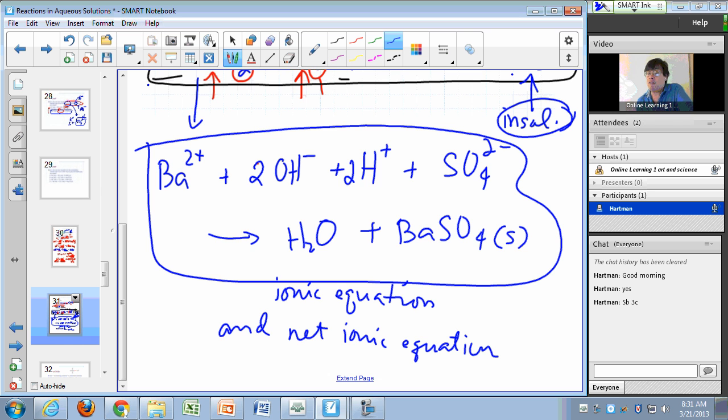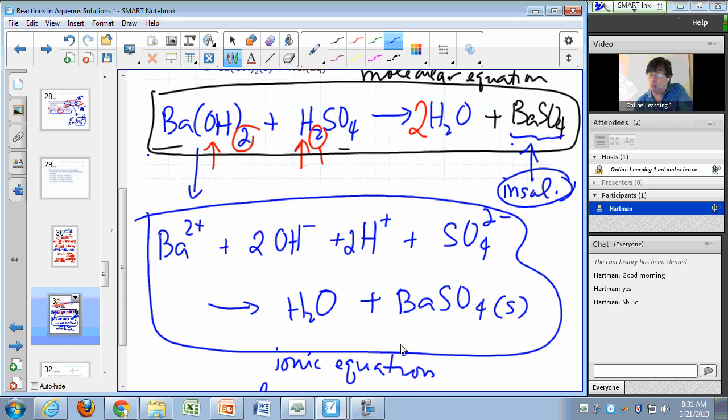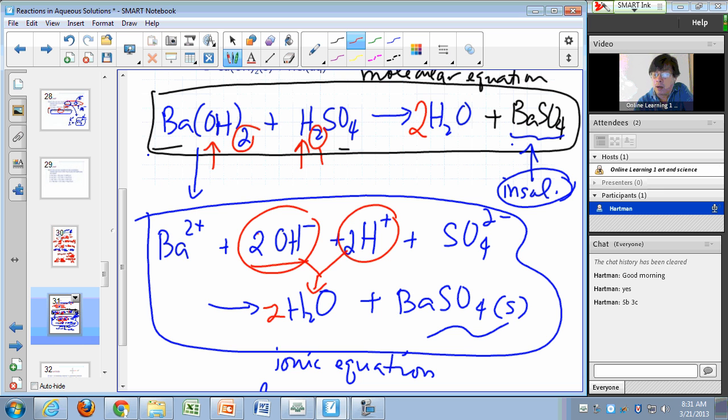All right. If barium sulfate was soluble in water, the barium and the sulfate might have canceled out. So there's really two reactions going on here. The hydrogen, okay, to balance this, I need a 2 there. The hydrogen ion and the hydroxide ion combine to give you water. That's your acid-base neutralization, okay?